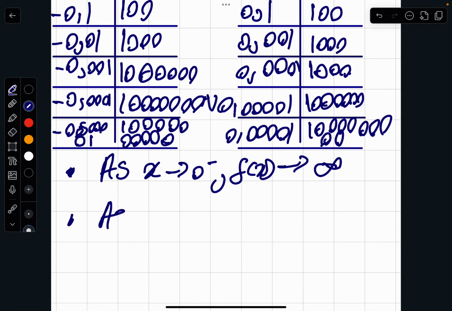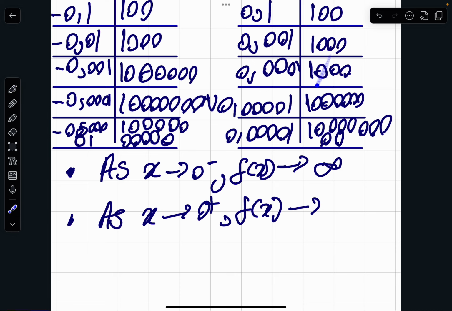Then number 2, as x approaches 0 from the right, f of x approaches what? We're approaching a large number, meaning it approaches positive infinity also.